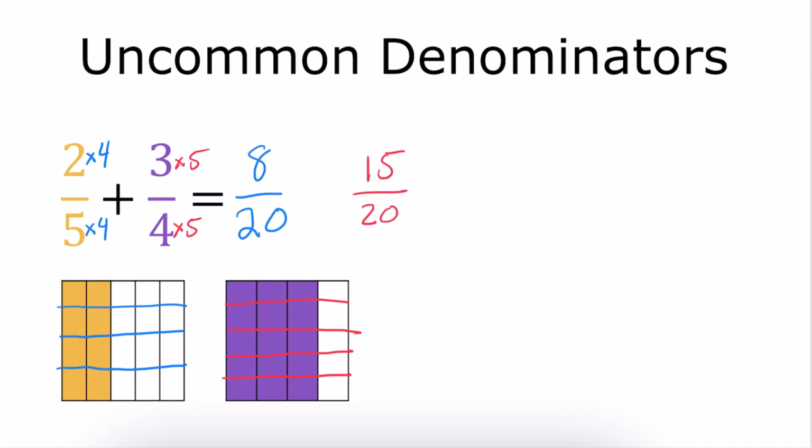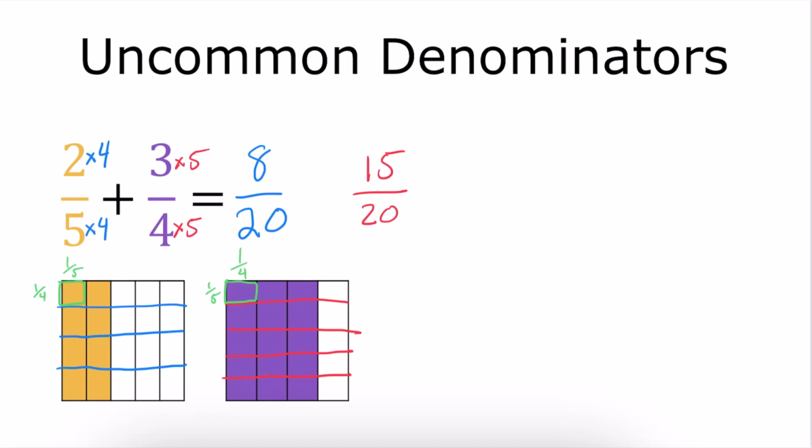Now, they might not necessarily look like it, but this rectangle right here is the same shape as this one. They're just turned sideways. So this side is 1/4, and this is 1/5 of the square side length. And this one is 1/5, and this one is 1/4. So when you're doing this with your students, you may need to rotate the squares so they can see that they really are the same shape.